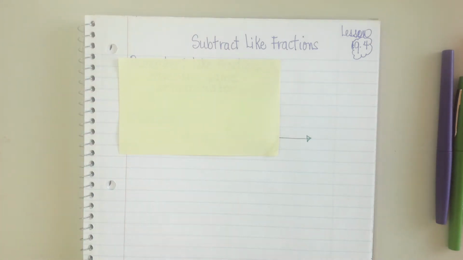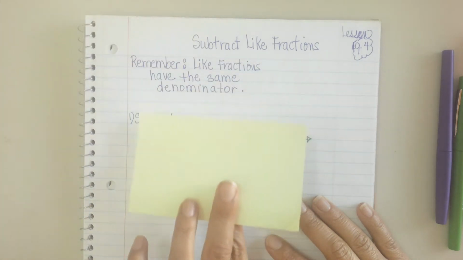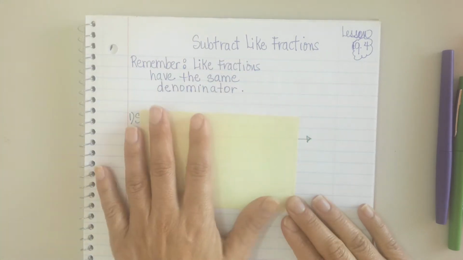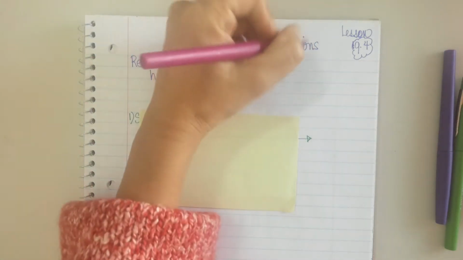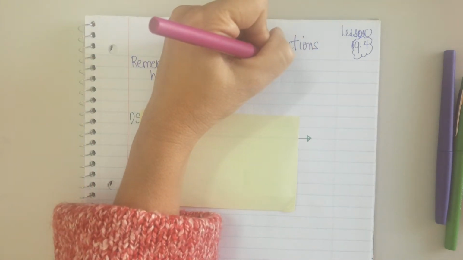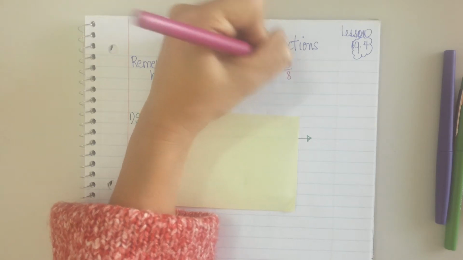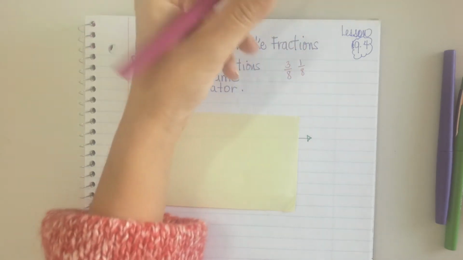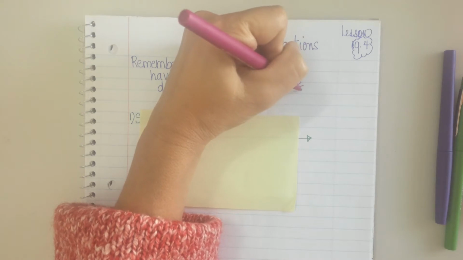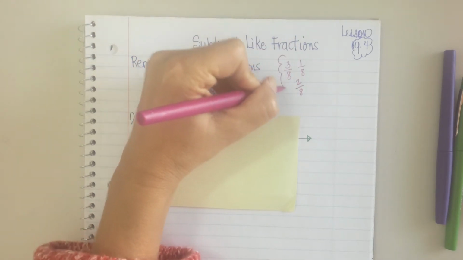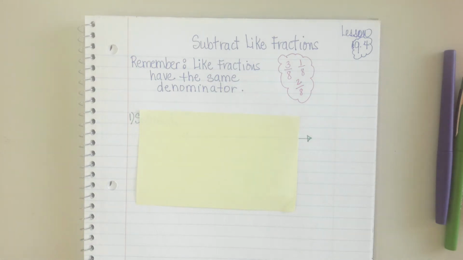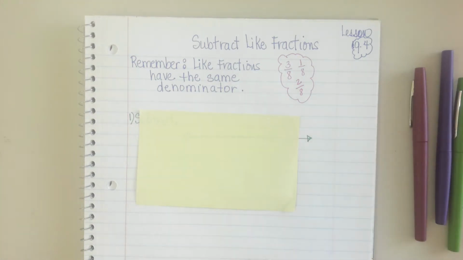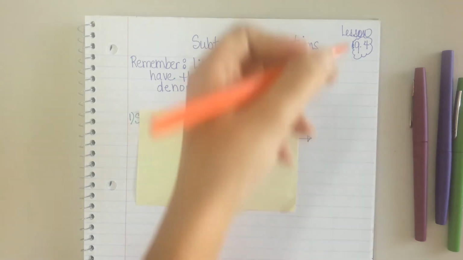Okay, let's review what like fractions are. They have the same denominator, so quite simply you can have 3/8, 1/8, 2/8, and these are all like fractions. Another example can have a different denominator.